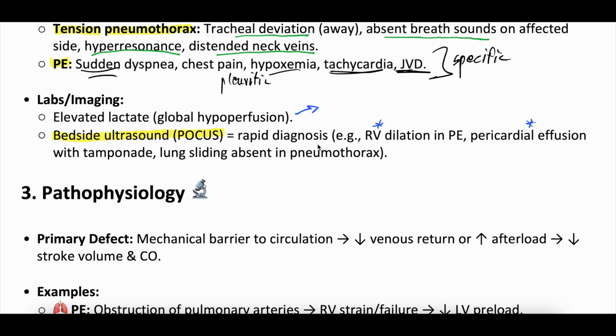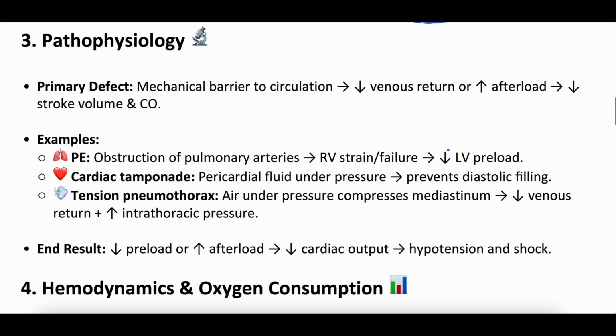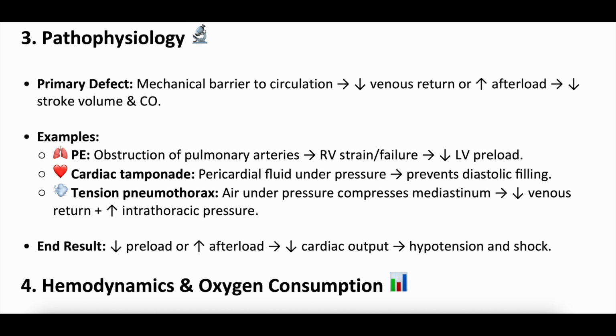And then no lung sliding in pneumothorax. So bedside ultrasound, POCUS, can be really, really useful in these patients. And we'll talk more about each one of these things when we talk about the subtypes of obstructive shock in future episodes.